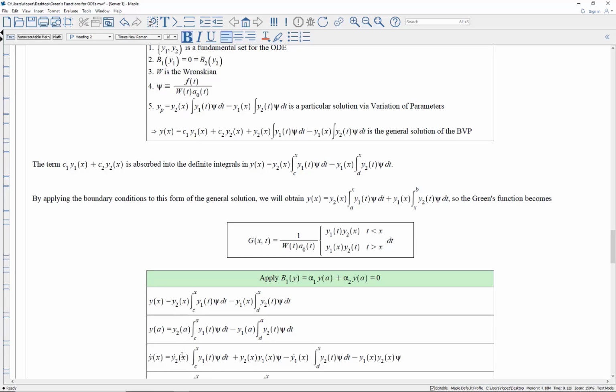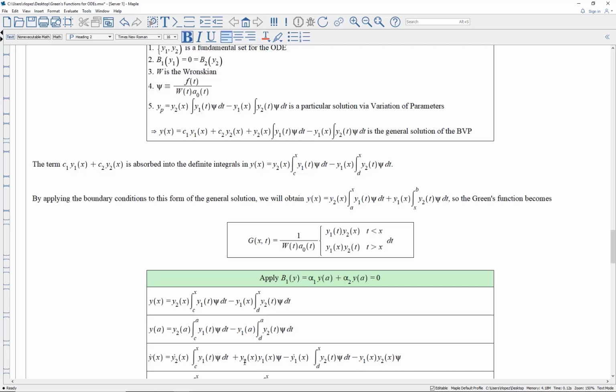Look here, you're going to get y2 dot times the integral, plus y2 times the integrand evaluated at x. So it's y2 at x, y1 at x, psi. Then you have this term, minus, you're going to get y1 differentiated times the integral. Then you're going to get y1 times the integrand, and the integrand is evaluated at x.